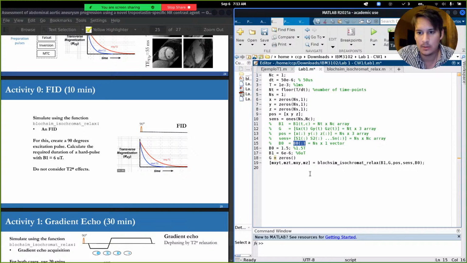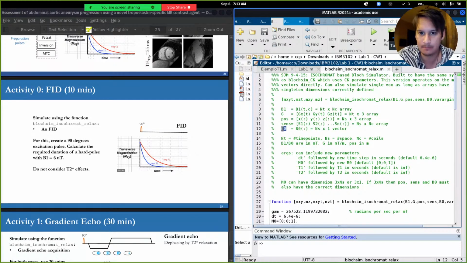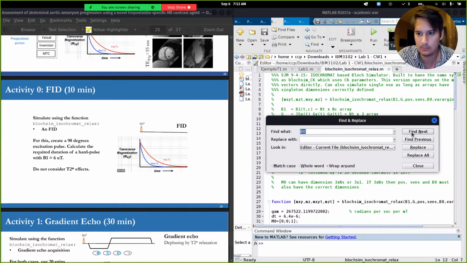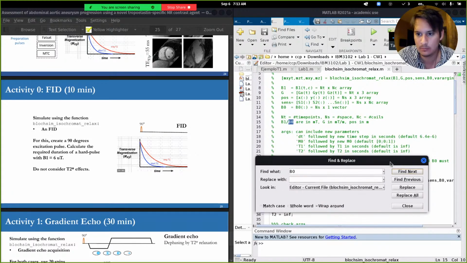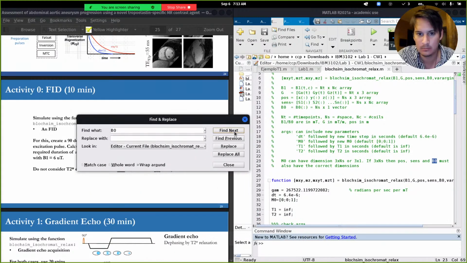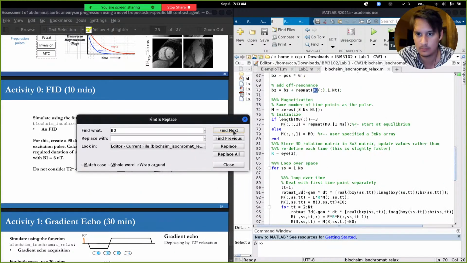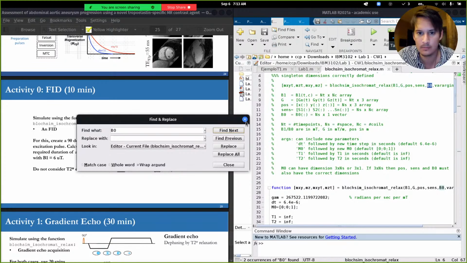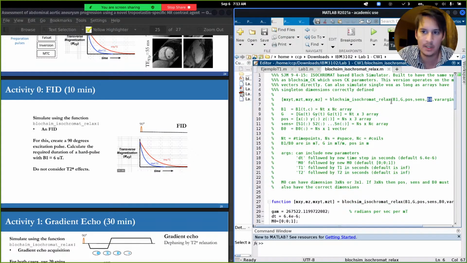And the V0, I'm not completely sure how the V0 is used. Let me see. Okay, so basically, if we want to simulate in the rotating frame, we can put V0 equal to 0.